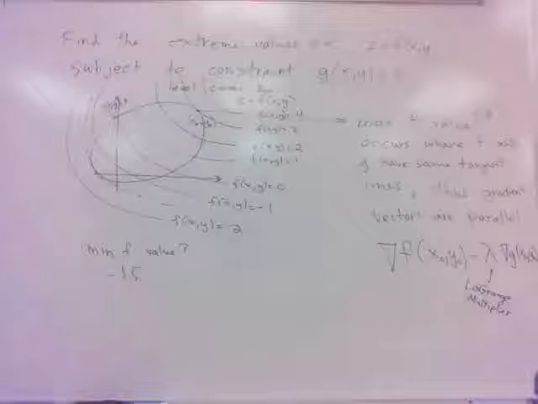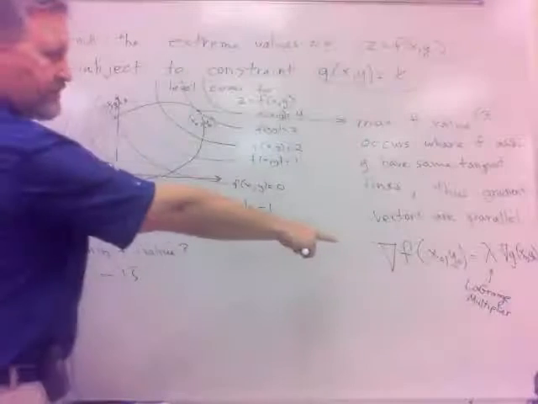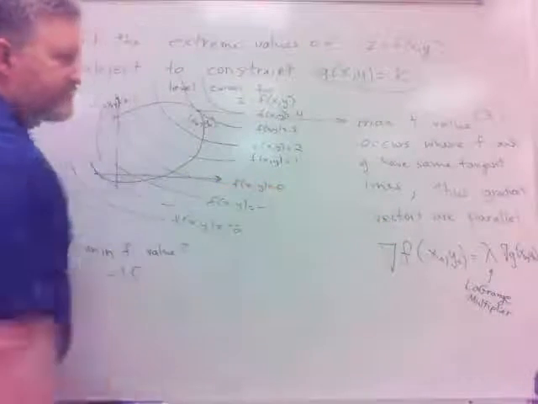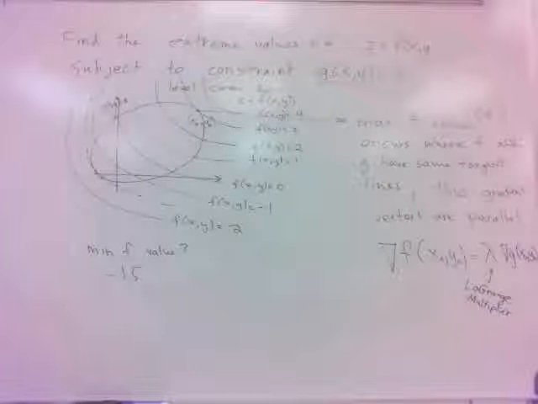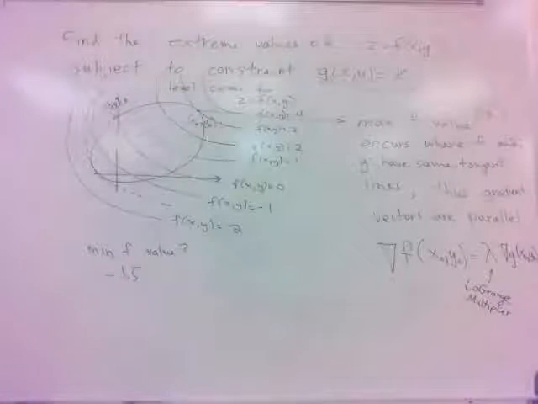And so again, at that point, the gradient of f would have to be some multiple of the gradient of g, because their tangent lines are the same, so their normal lines would be the same, and the gradient vectors would have to be parallel. Okay. All right?